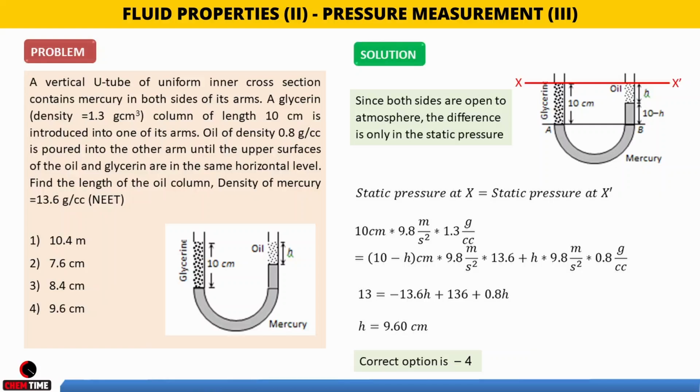The h is covered by oil and 10 minus h is covered by mercury. So (10 minus h) into 9.8 into 13.6, the static pressure due to 10 minus h, plus h into 9.8 into 0.8 grams per cc. When these two are equated, the answer for h is equal to 9.6 centimeters. So the correct option is 4.